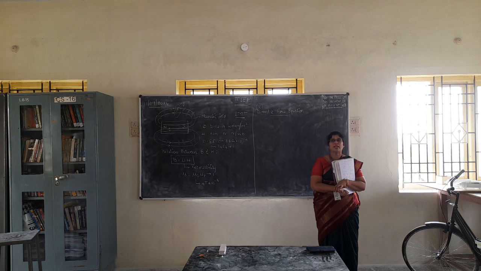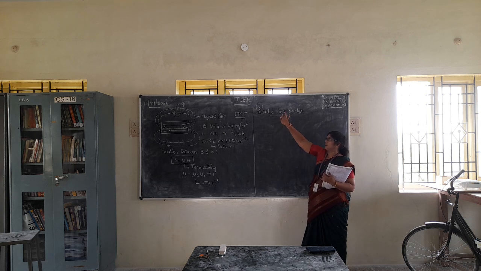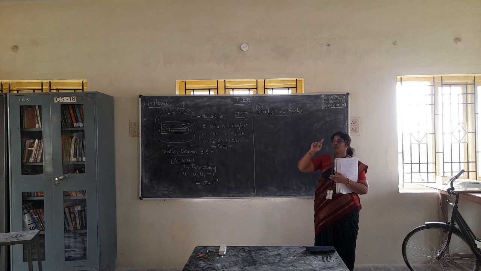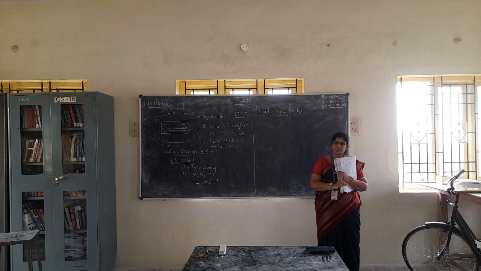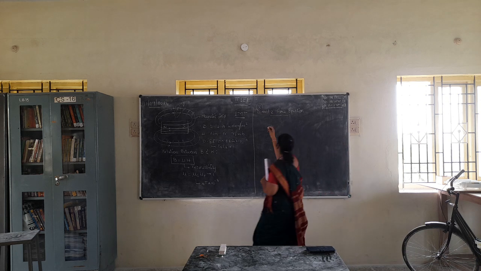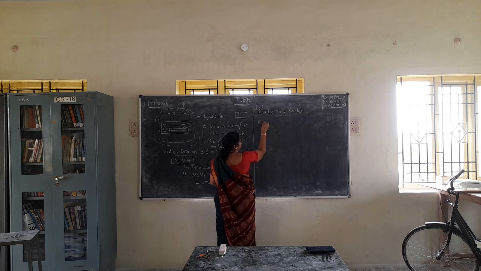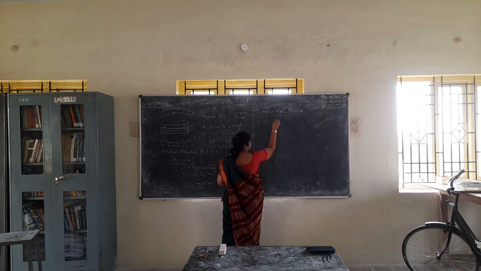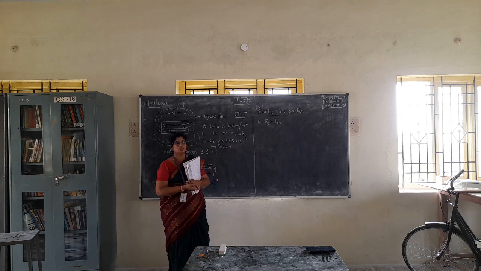Relation between force and electric field. We are going to combine electric and magnetic field force equations. So total force will be equal to the sum of electric field force plus magnetic field force. So what is the electric field force equation?